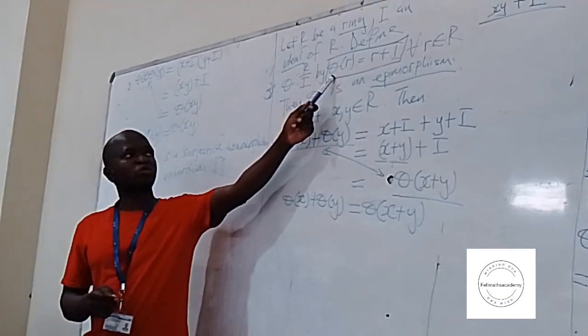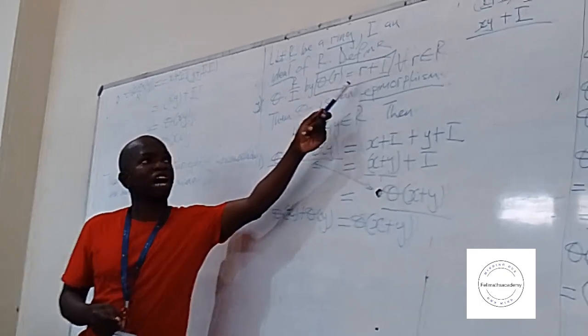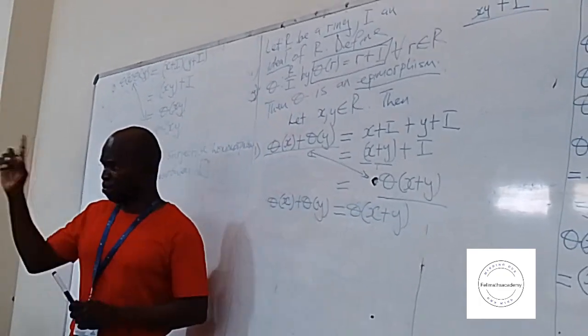The important part of this rule: theta r is equal to r plus I, number 1.